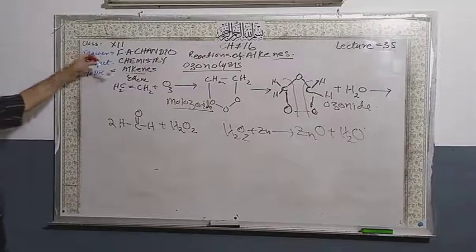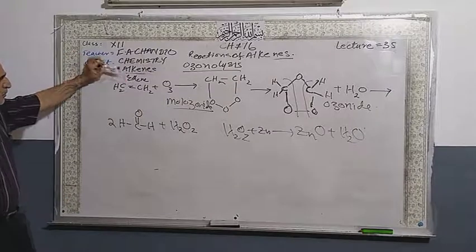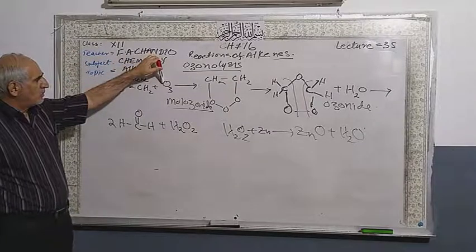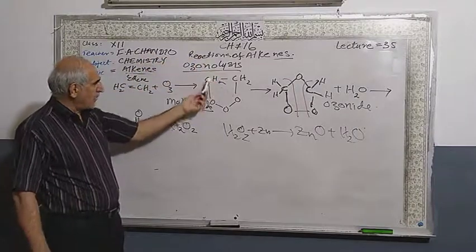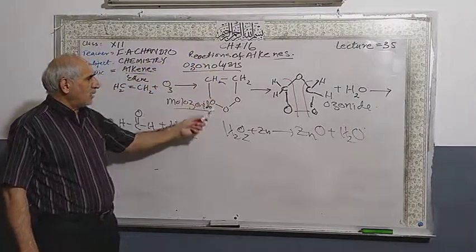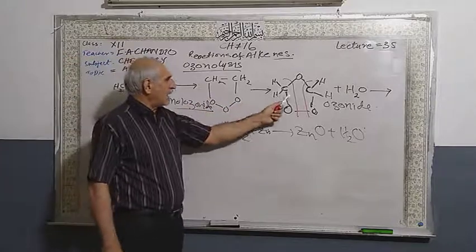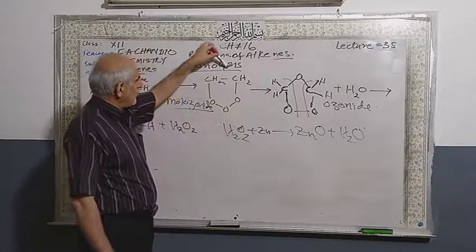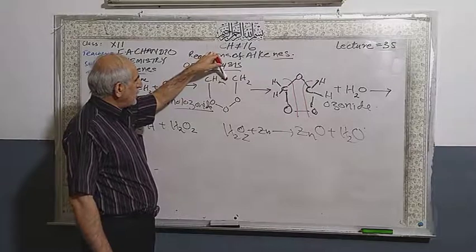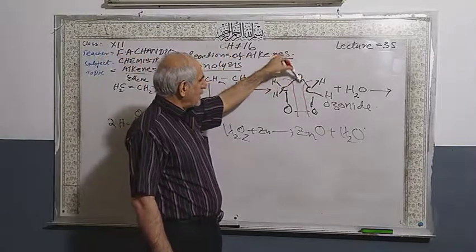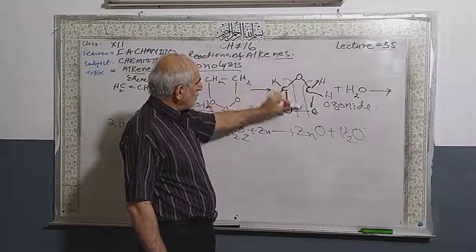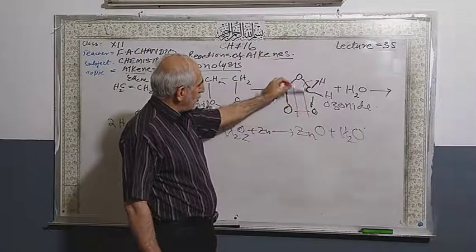So this is ethene, the alkene, and this is the ozone. First the ozonide forms, with three oxygen atoms attached to the alkene, and then there is a rearrangement. This oxygen will go here, the bond vanishes, and you get the ozonide. Then this bond is broken, this bond is broken, this bond is broken.